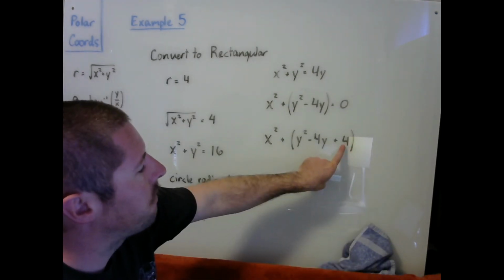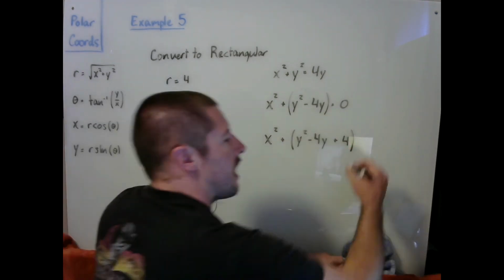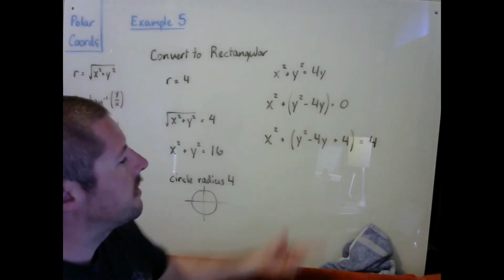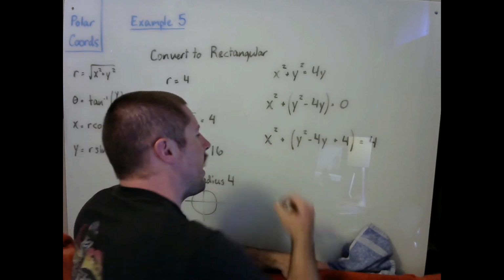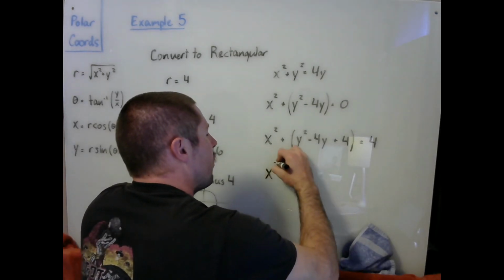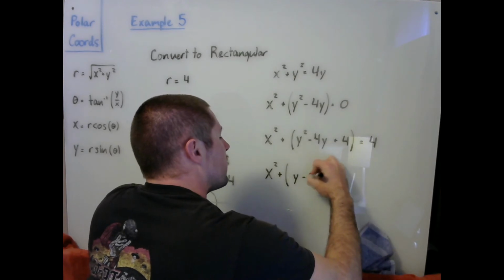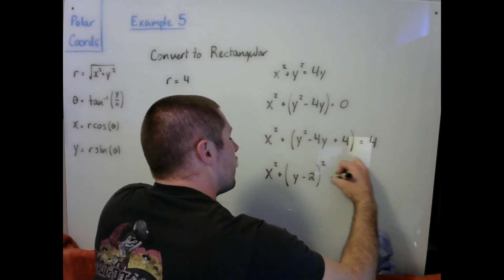But since I've added 4 onto the left side of our equal sign, I also need to add 4 onto the right side. And with a little bit of algebra here with our quadratics, we'll be able to see that this is going to give us x squared plus (y minus 2) squared equals 4.